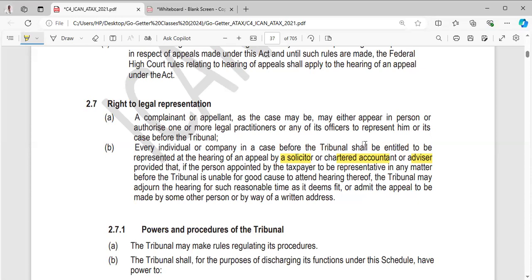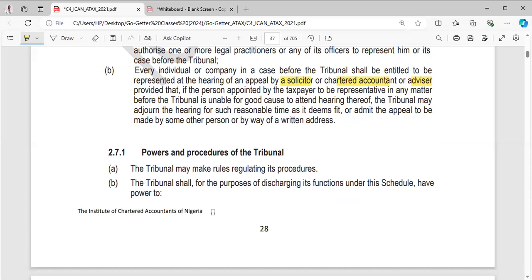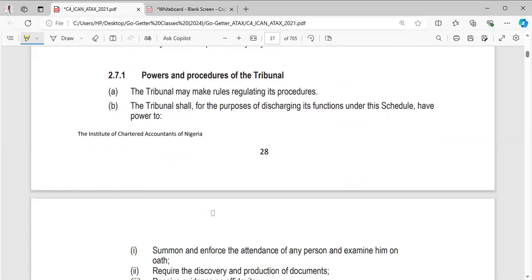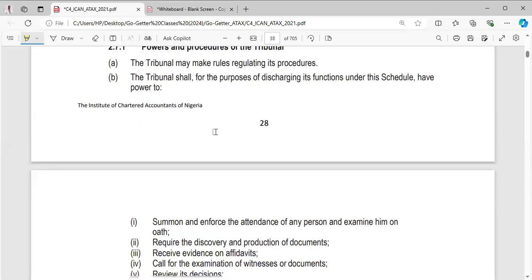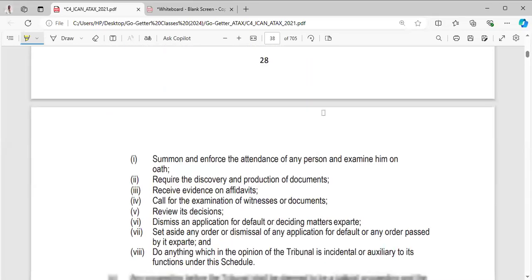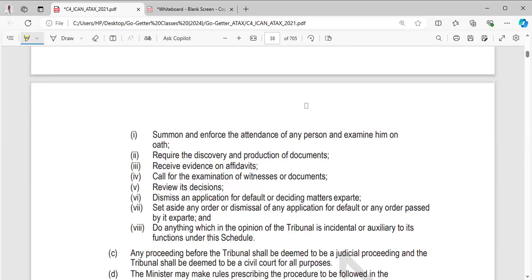Now, there is a power and procedure of the tribunal. The tribunal may make rules regulating the procedure. The tribunal shall, for the purpose of discharging its function, have power to one, summon and enforce attendance of any person and examine him under oath.